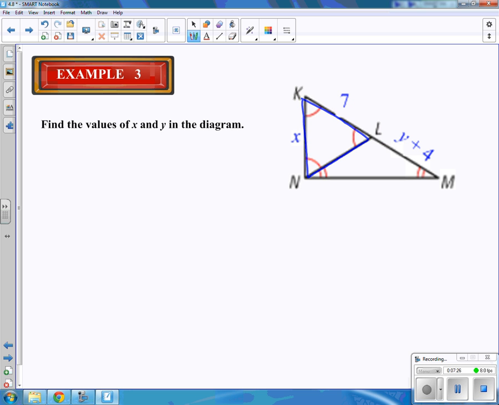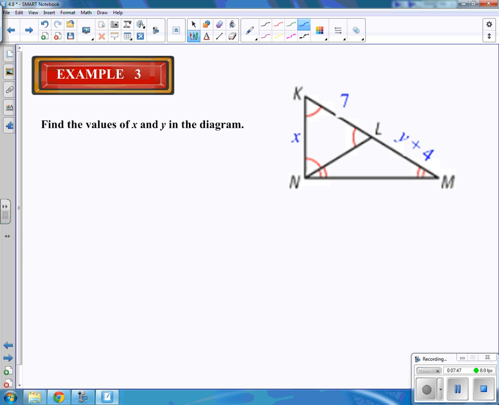Okay, so it's equiangular. We also have triangle NLM, which is down here. This one has 2 of its angles marked congruent. Okay, so I can see that that one is most likely going to be an isosceles once I use my base angles converse. So let me mark what I know then in the diagram.